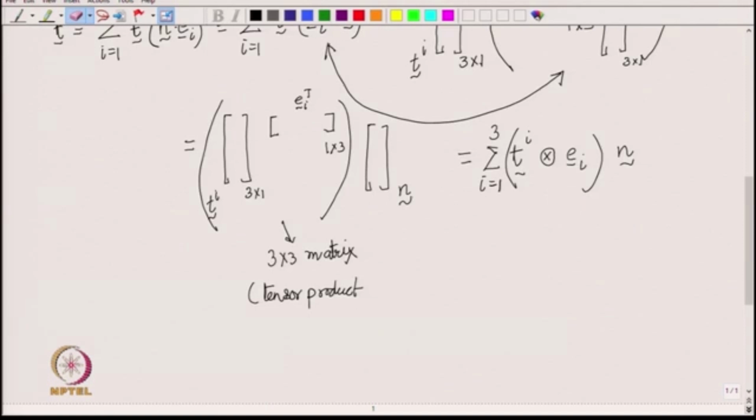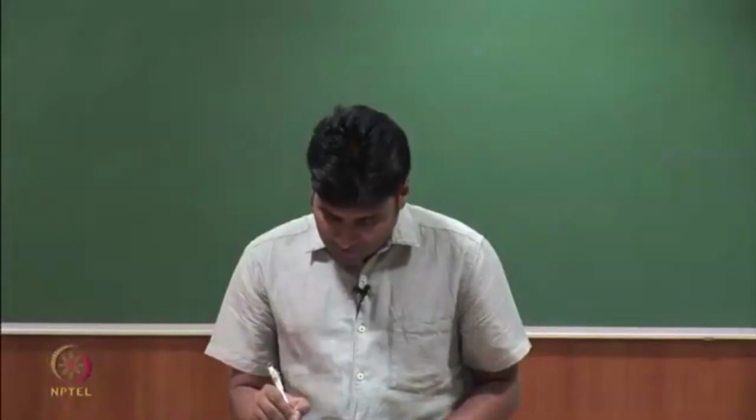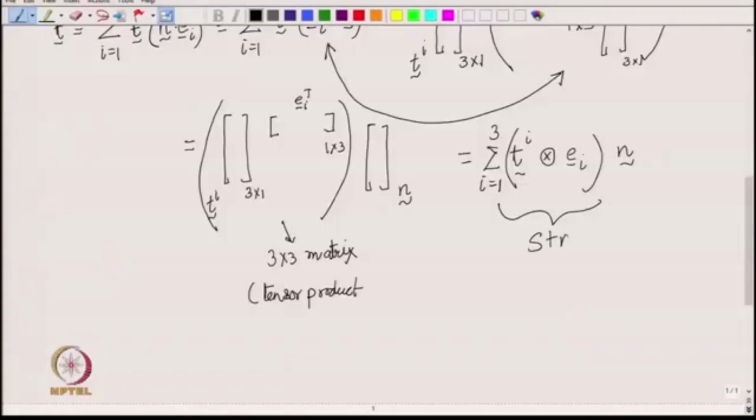So, the orientation n has been taken out, and it is this thing inside the bracket which we will call a stress tensor. Okay. So, this is a stress tensor, and we are going to denote it with sigma and with a 2 tildes below. It is a second order tensor.